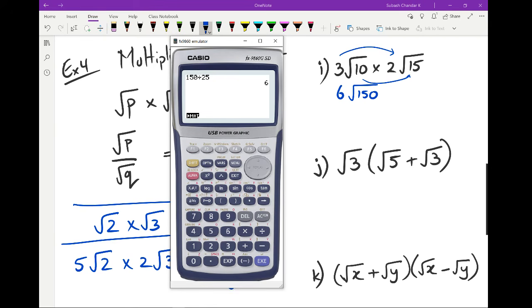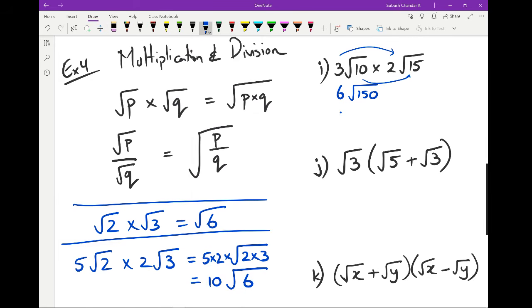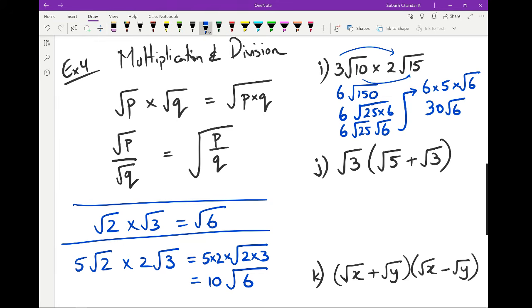Because 25 is 5 squared, I'm going to rewrite this as 6 square root of 25 times 6, which means I get 6 square root of 25 square root of 6. Square root of 25 is 5, and I leave square root of 6 by itself. So 6 times 5 is 30, and so my final answer is 30 square root of 6.